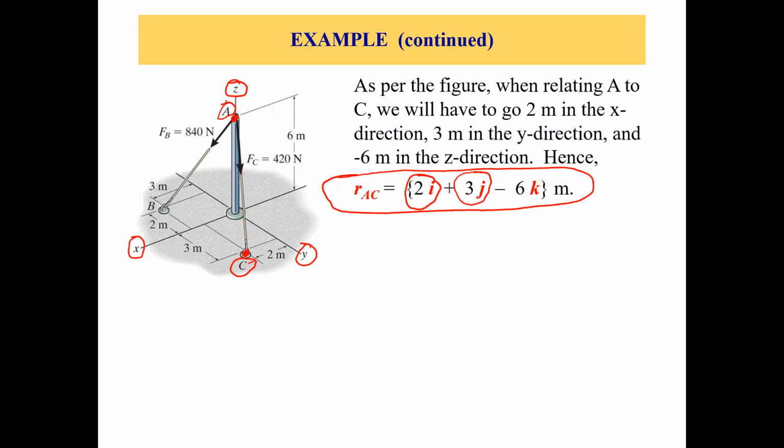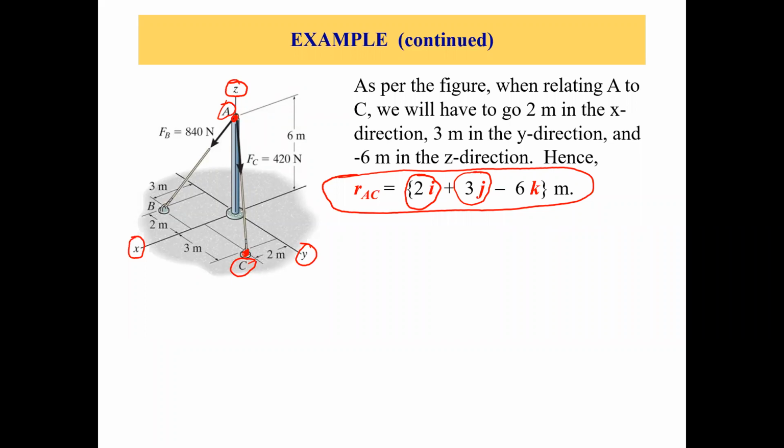Then we'll talk about the Z coordinate. So Z C minus Z A. Right now, Z C is 0, because it is at the origin.